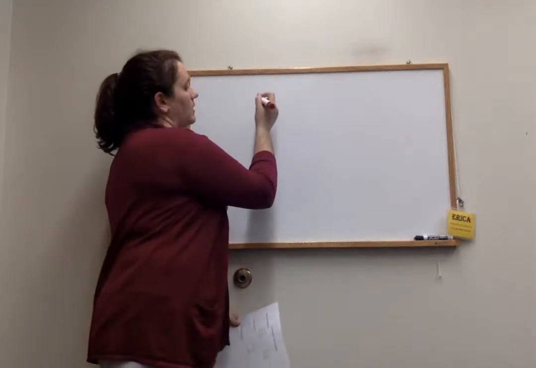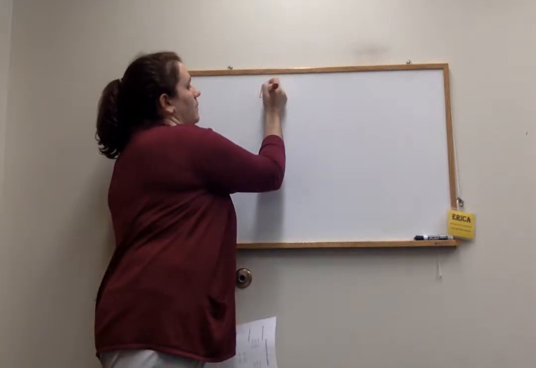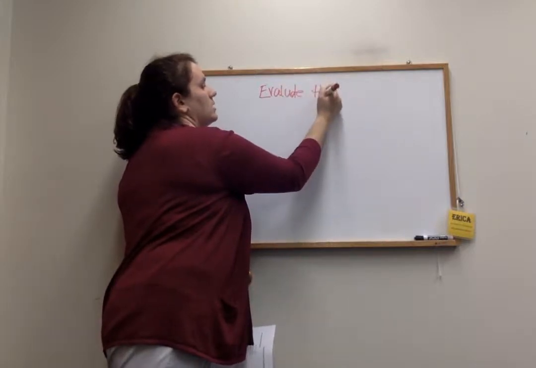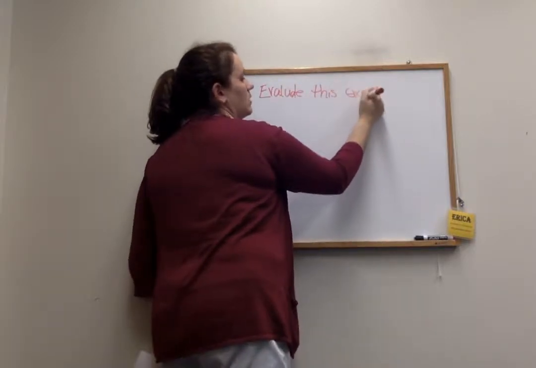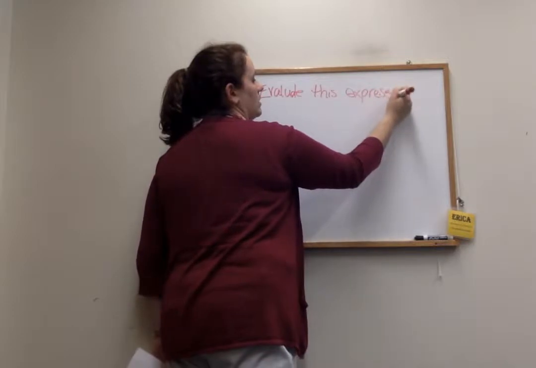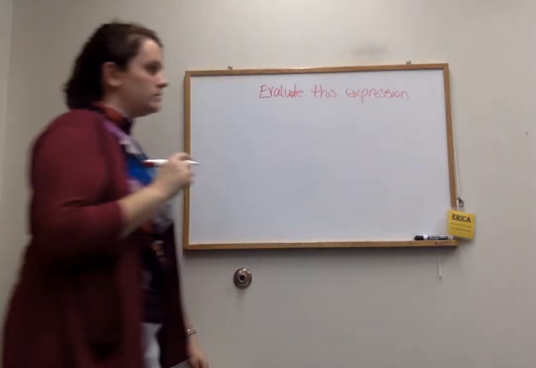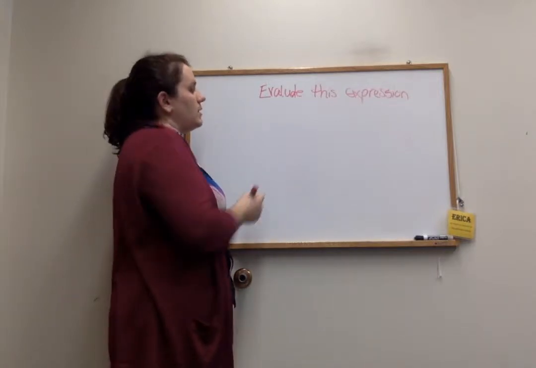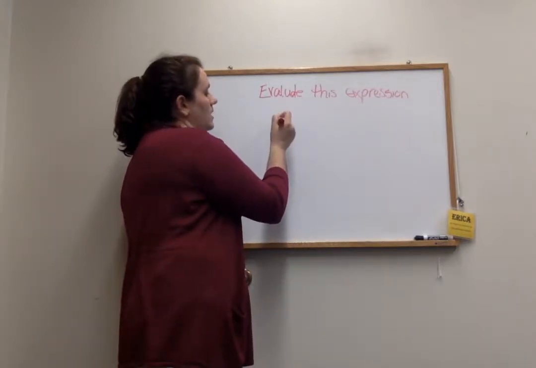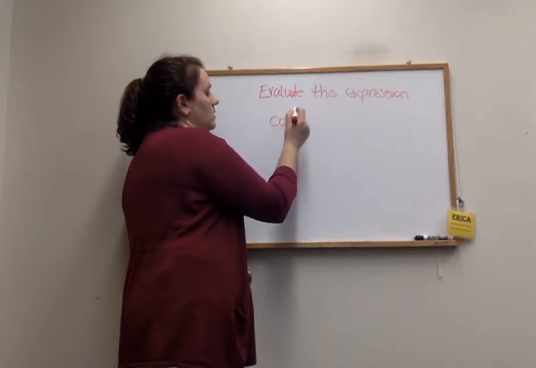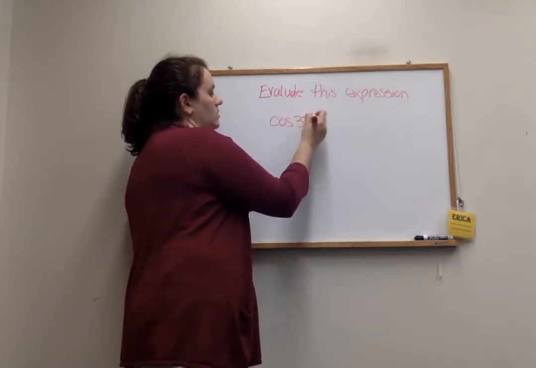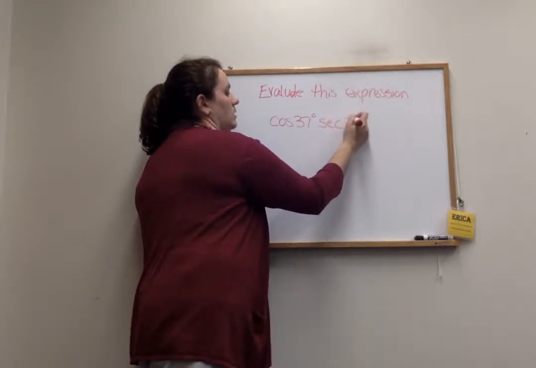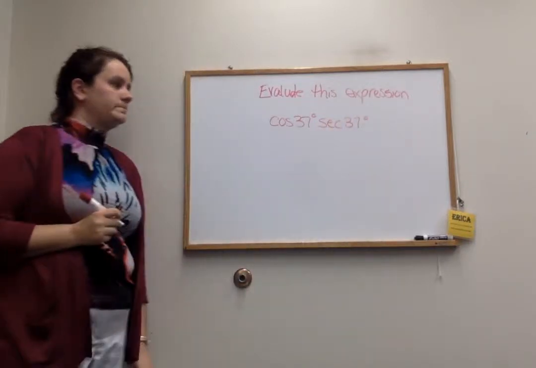You could see something like: evaluate this expression. Usually it'll say without using a calculator. So something like the cosine of 37 degrees times the secant of 37 degrees.